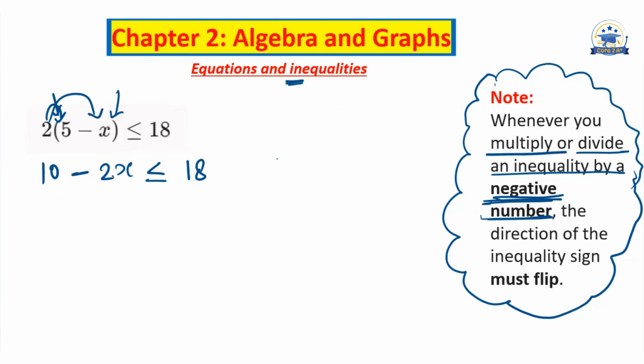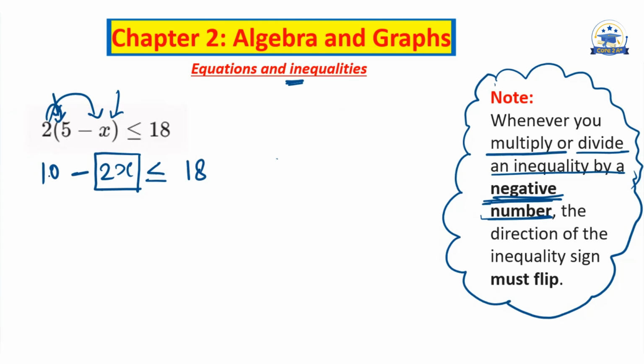Try to keep x on the left hand side and shift the rest of the things, like 10, to the right hand side. So how will we do that? Just shift? No, there are some terms and conditions.